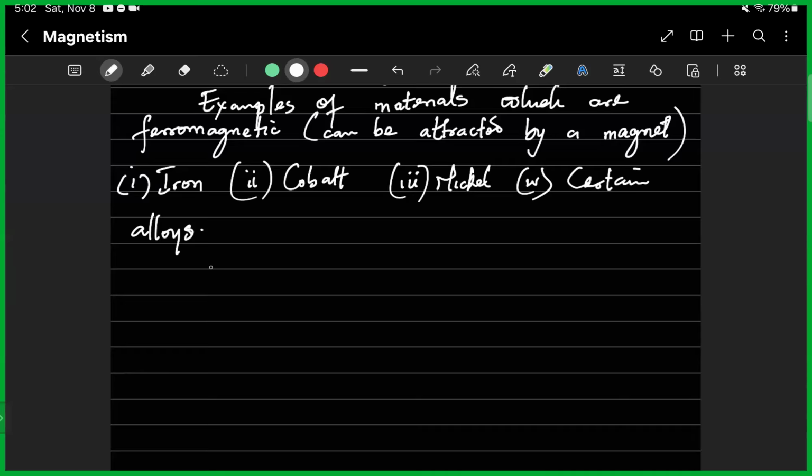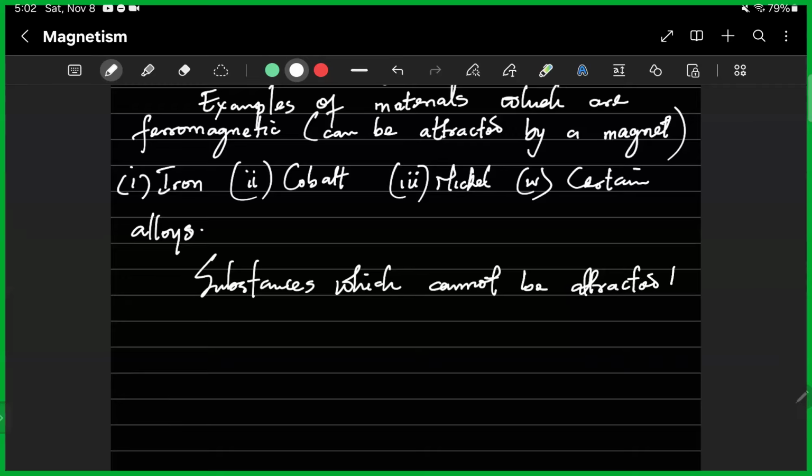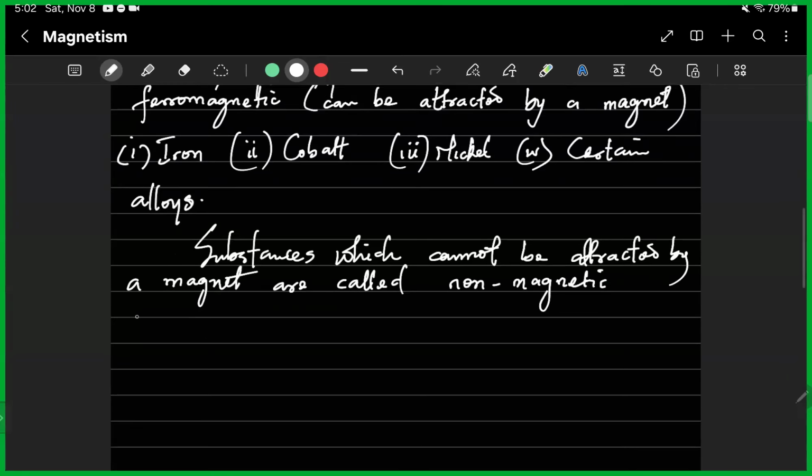So substances which cannot be attracted by a magnet are called non-magnetic materials.